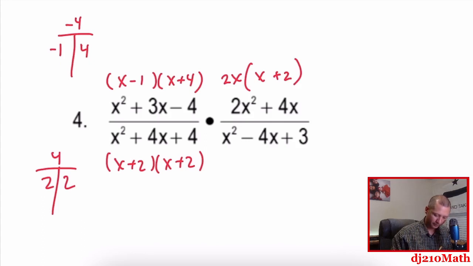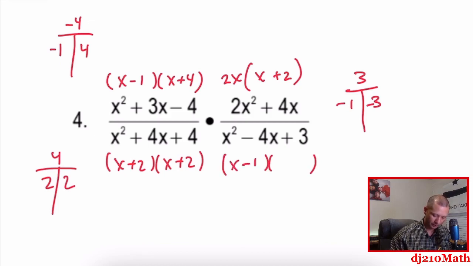Bottom right, 2 numbers that multiply to make positive 3 that add up to negative 4. So 1 and 3 need to be negative. So both negative 1 and negative 3 multiply to make positive 3 and simultaneously add up to negative 4. So x minus 1, x minus 3.